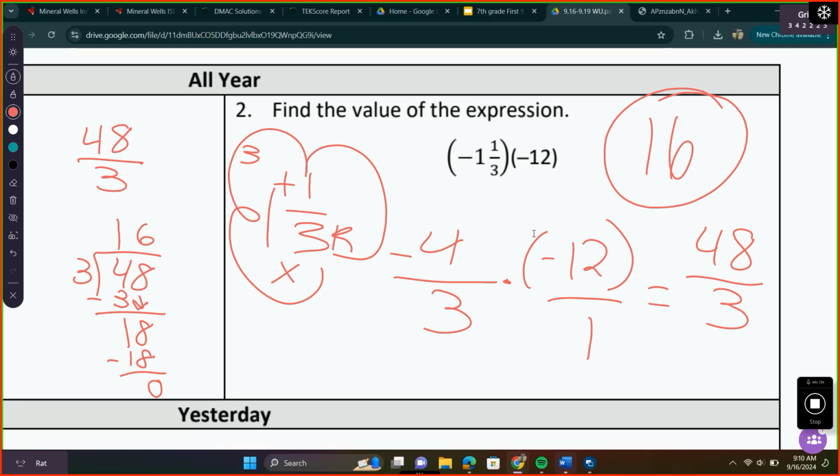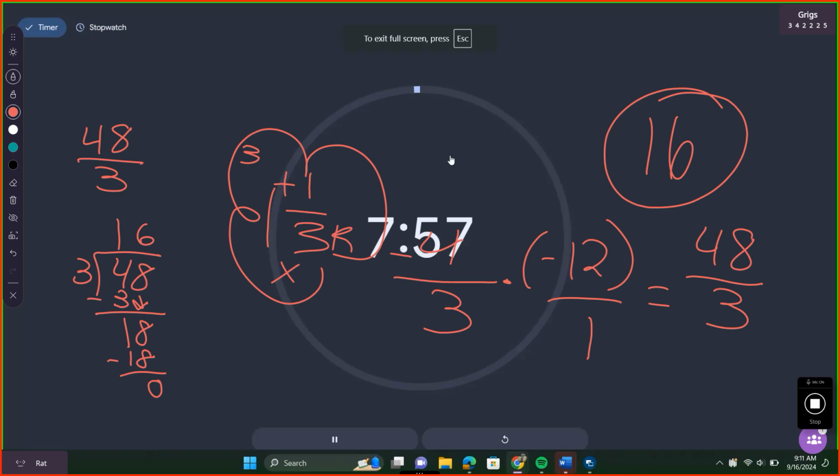We have about 8 more minutes, then we're going to move on. When the timer's up, we'll move on.